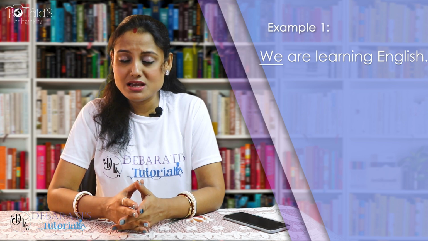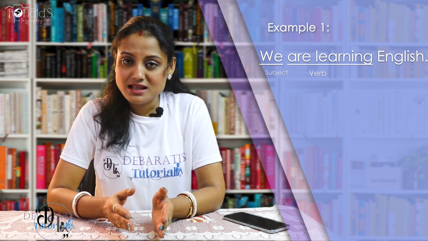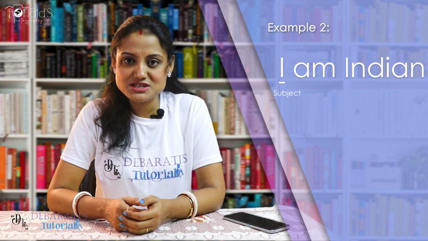Example number 1. We are learning English. In this sentence, we is the subject. Are learning is the verb that is showing the action of the subject we. Now take example number 2. I am Indian. In this sentence, I is the subject.